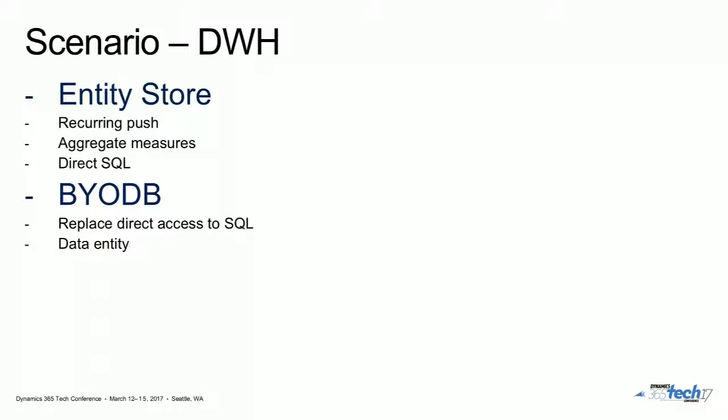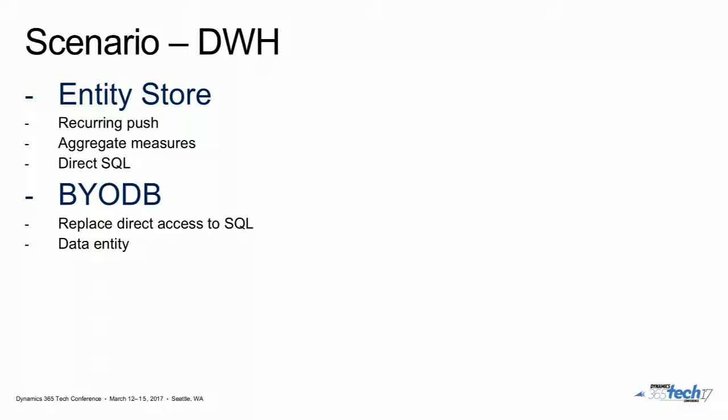Quite often I get this question: why did you name it entity store when you are not letting us push entities to the entity store? The answer is that a regular entity can be a data source within an aggregated measure. So an aggregated measure is just a star schema, right?